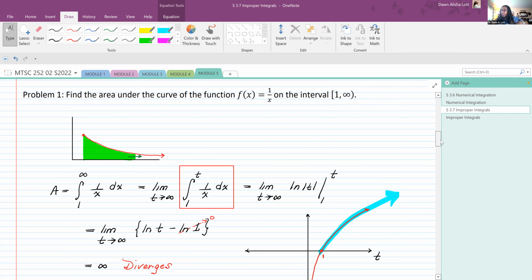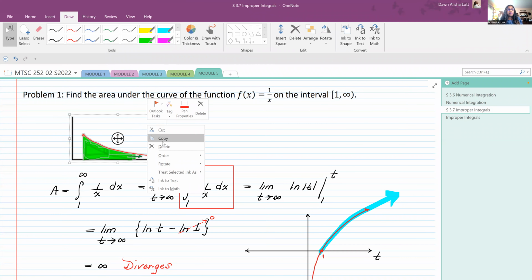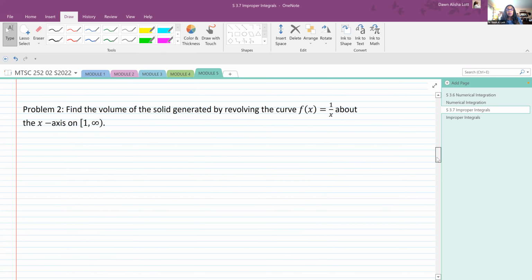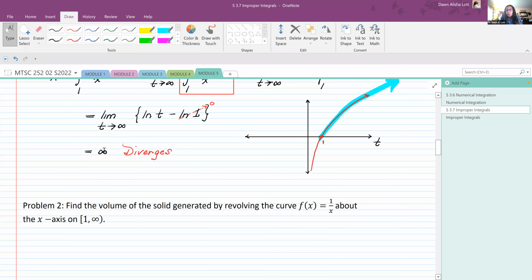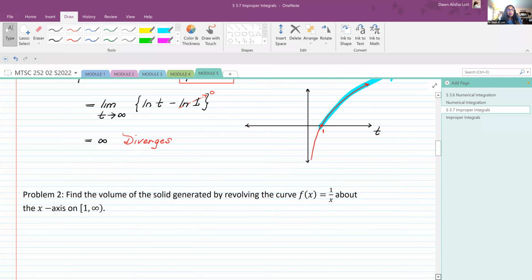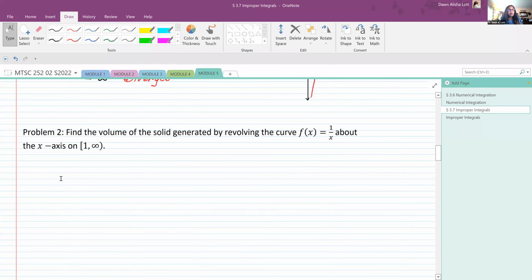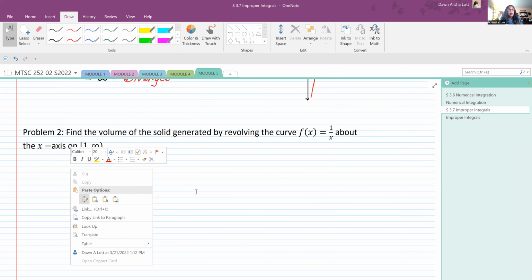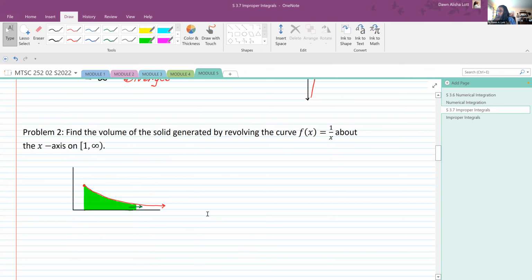And when we do that, it will give us a volume. All right, there's my picture.